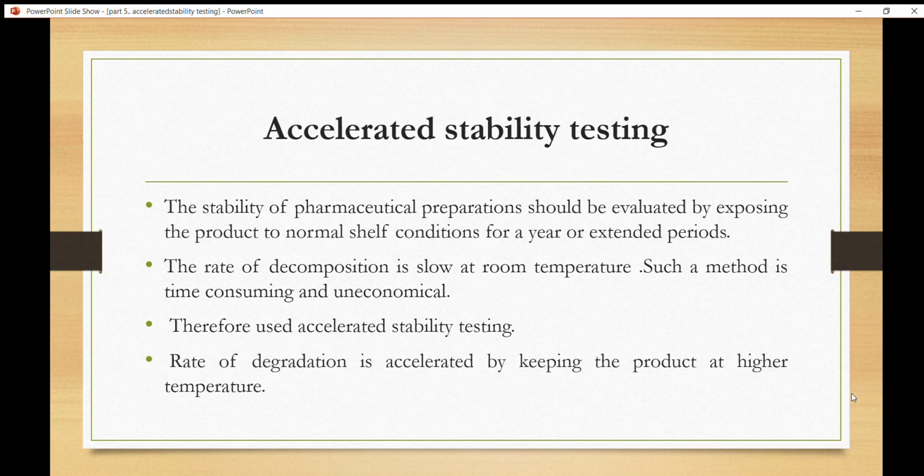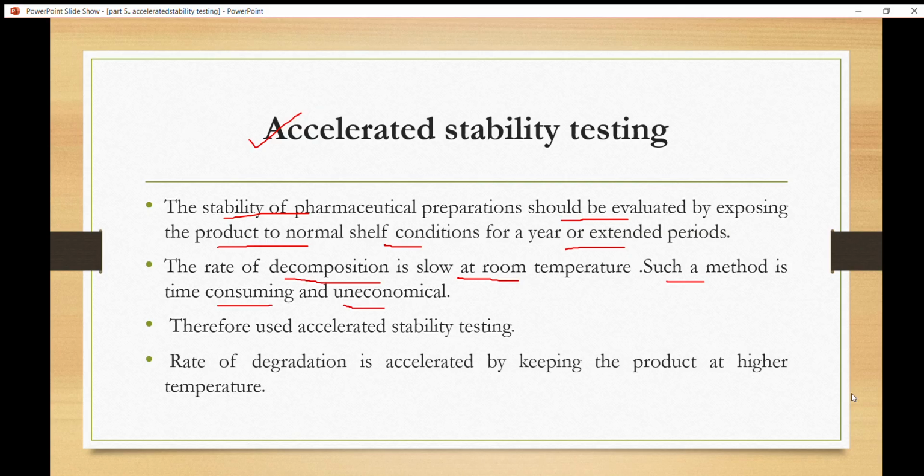Next one is accelerated stability testing. The stability of a pharmaceutical preparation should be evaluated by exposing the product to the normal shelf condition, means normal environmental condition, for a year or an extended period. But the rate of decomposition at the normal condition is very slow, hence such a method is very time consuming and uneconomical.